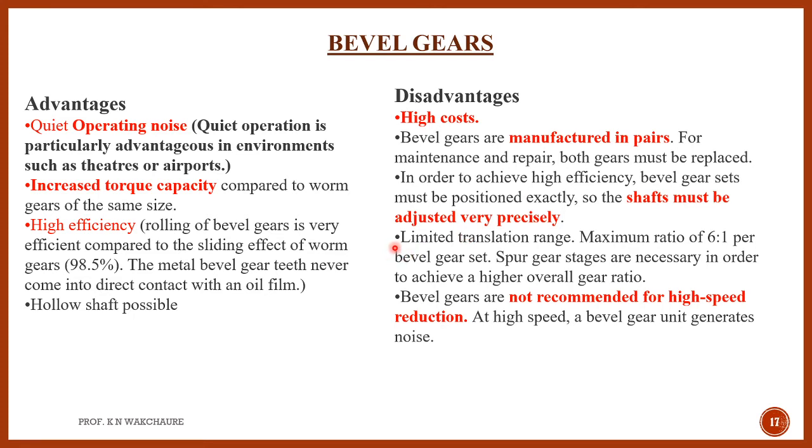Again, limited transmission range. That means the maximum ratio is 6:1 for a given bevel gear set. Again, these gears are not recommended for high speed reduction, or for high speed they generate noise.